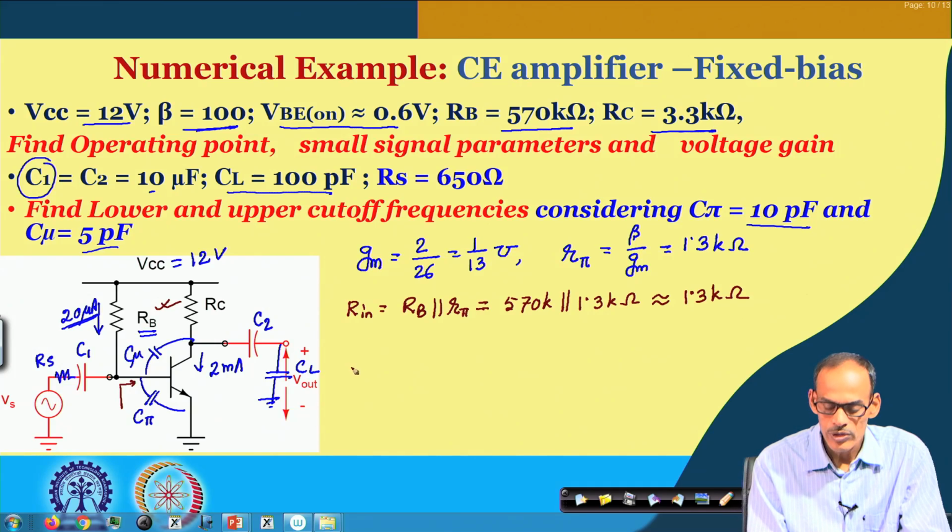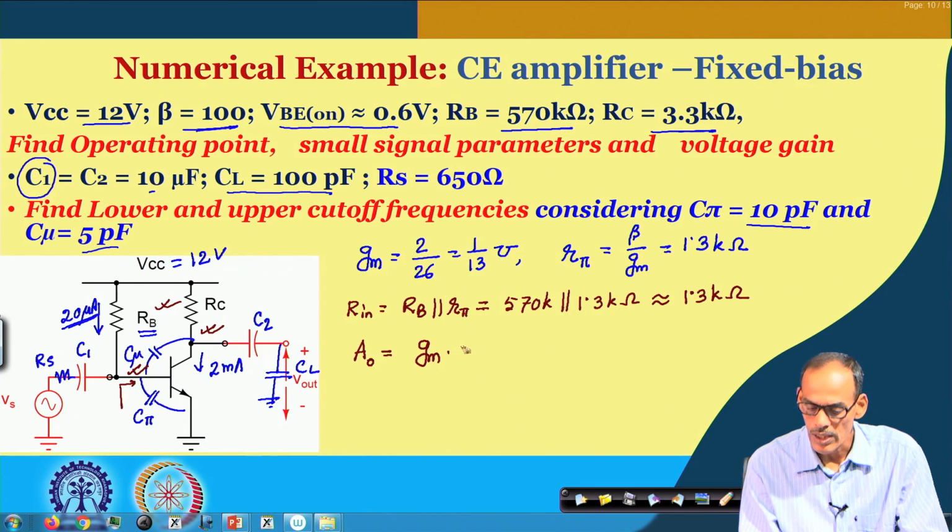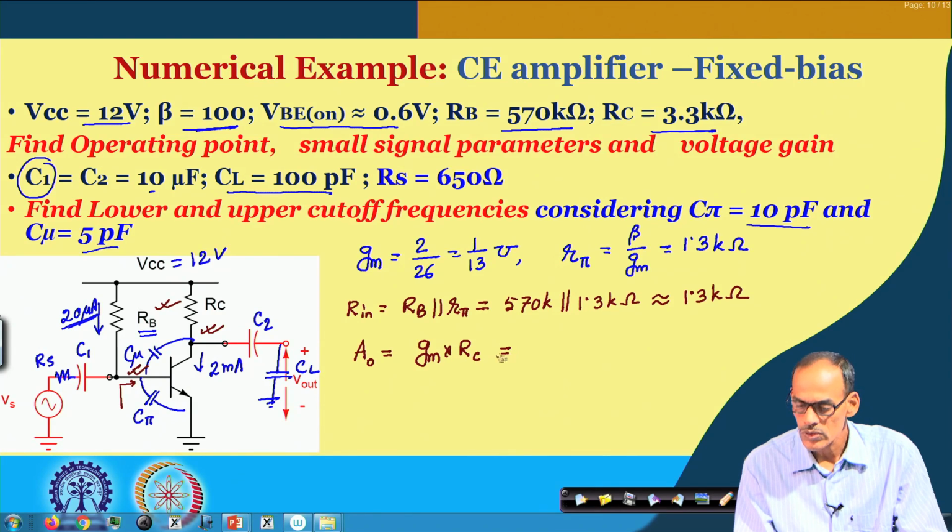Now, before we calculate the input capacitance, we need to know what the gain will be from this point to this point, and that gain, if I call it A naught, equals GM into RC. So, this is equal to 1 by 13 into 3.3 K, 3300.